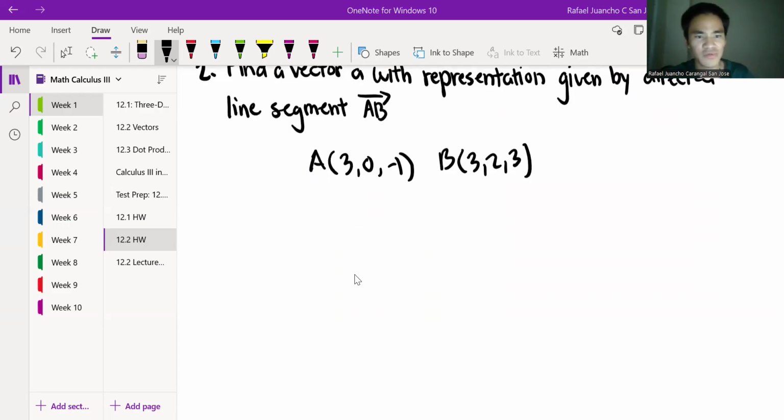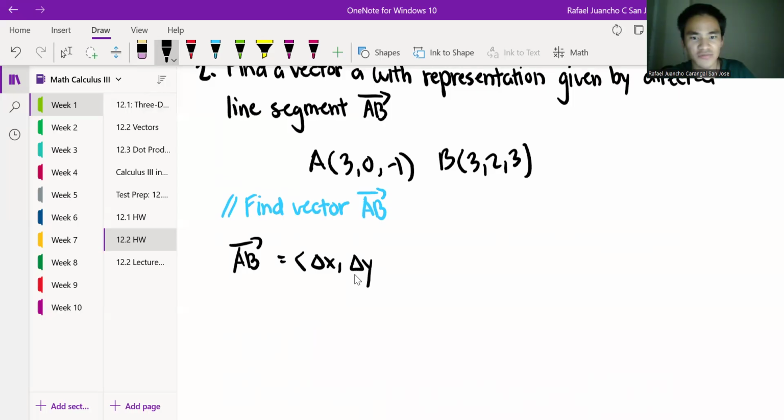Okay, now I want to do the same thing, basically. So we don't even need to draw it. You just need to find a vector AB, like the previous one. It's going to be some change in X, some change in Y, and some change in Z, right? And we want to subtract B first to A in this case.